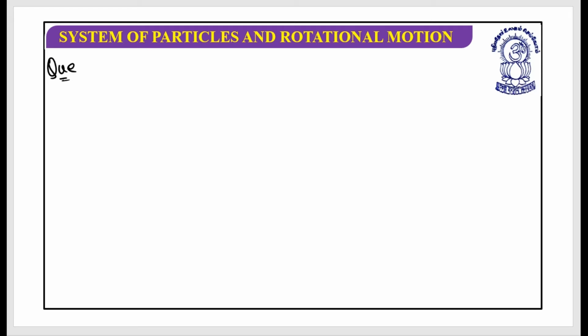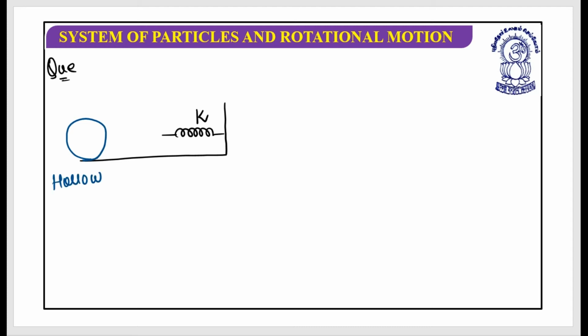Let's suppose the situation is something like this: a spring is there, having a spring constant of k. Let's say a hollow sphere is moving in this direction.